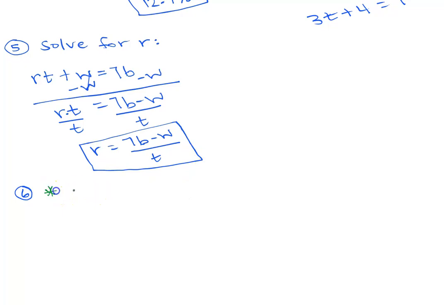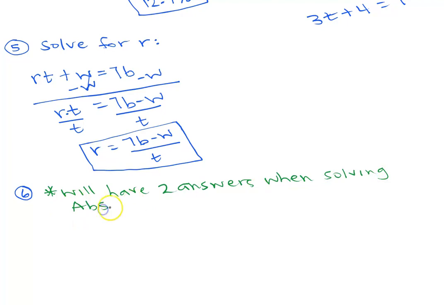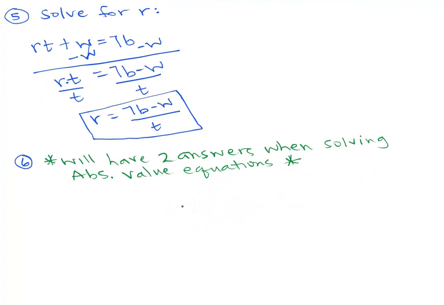I'm going to write that down here: we'll have two answers when solving absolute value equations. And I'm pointing this out because that's probably the biggest, or the most common, mistake that's made on this.